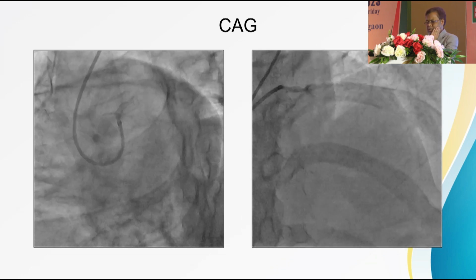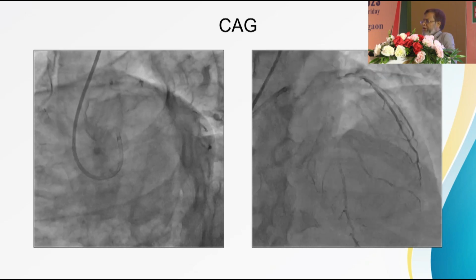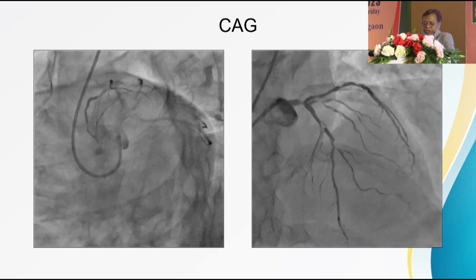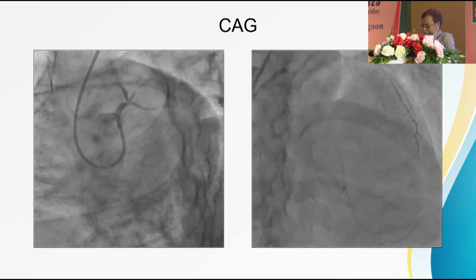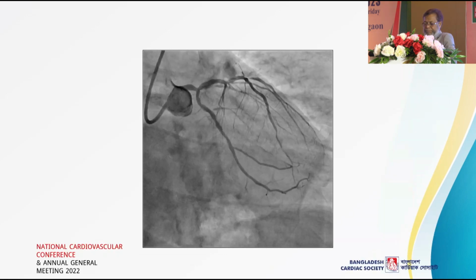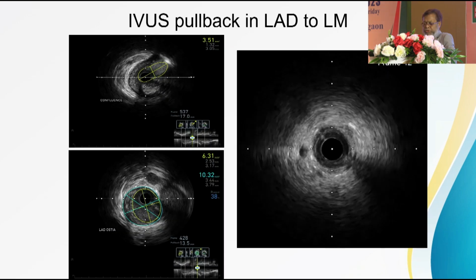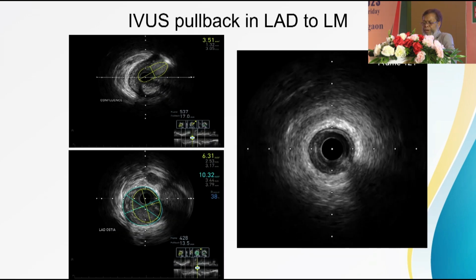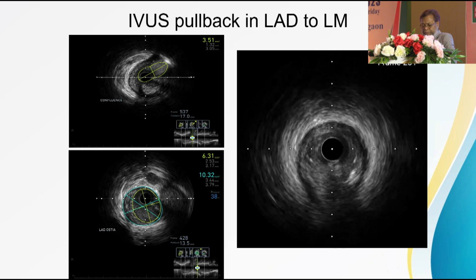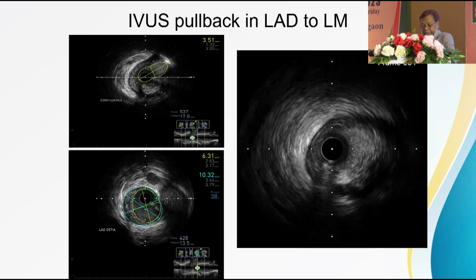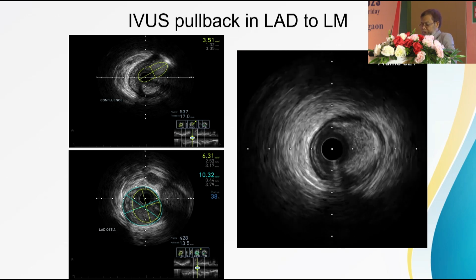These are the angiographic findings: there seems to be a critical distal left main with ostial involvement, a trifurcation lesion with downstream disease in the LAD, and insignificant downstream disease in the left circumflex. We did the IVUS pullback from LAD to LM. Here the LAD ostium area is 3.51, but the distal LM, though there is plaque burden, has a good area, 6.31.